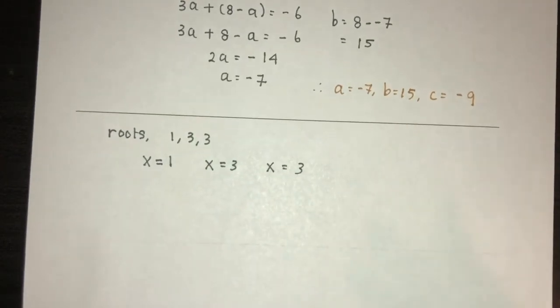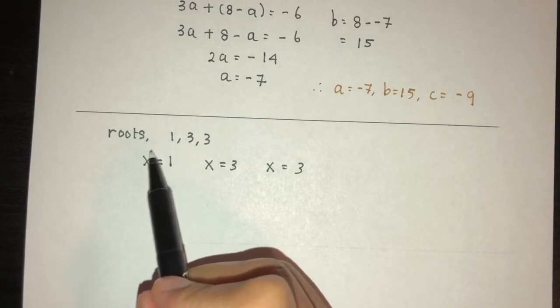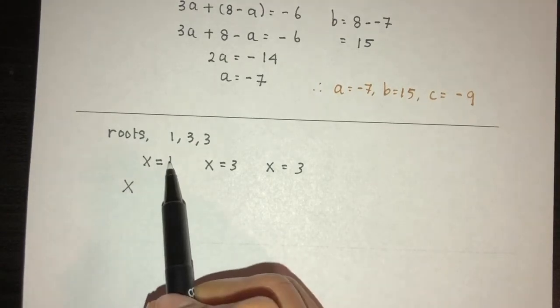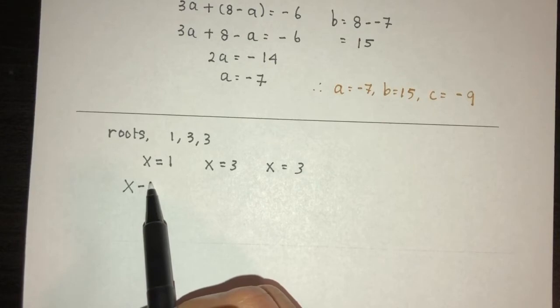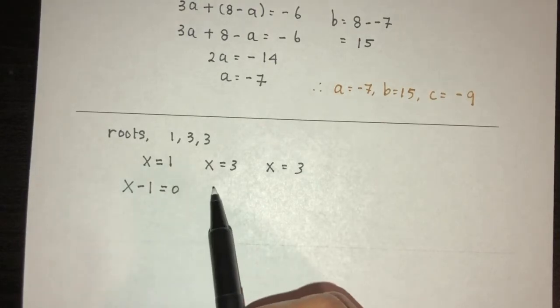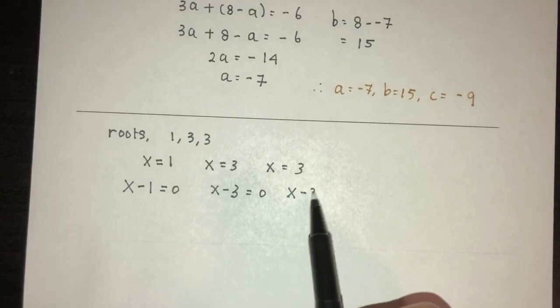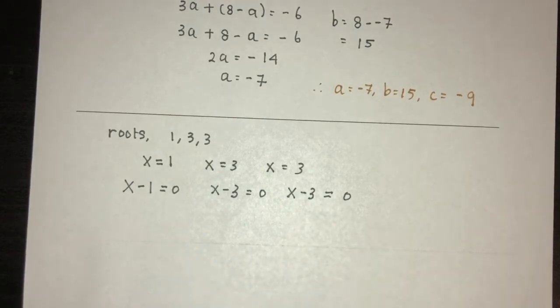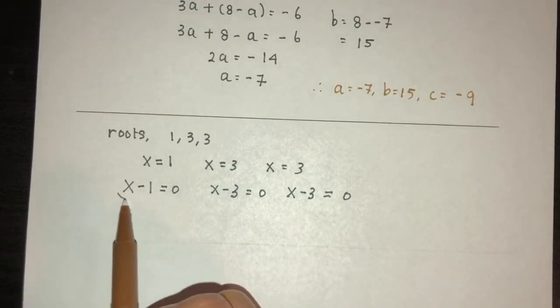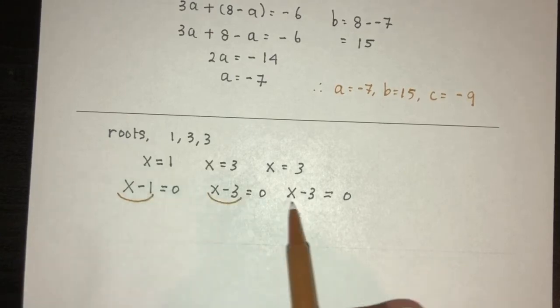Now to find the factors is pretty easy. We just have to send this value over here. You will have x, send this over here, it becomes x minus 1 is 0, x minus 3 is 0, x minus 3 is 0. So basically these will be the factors of that equation.